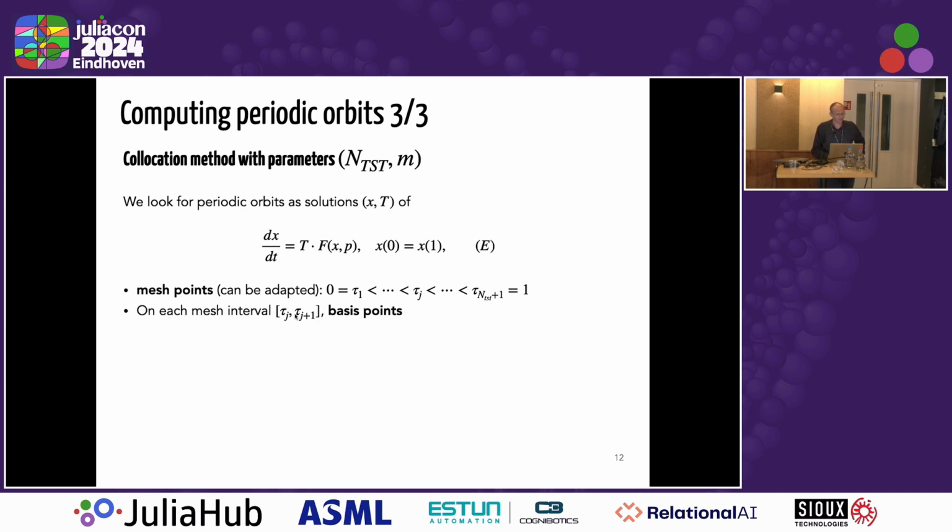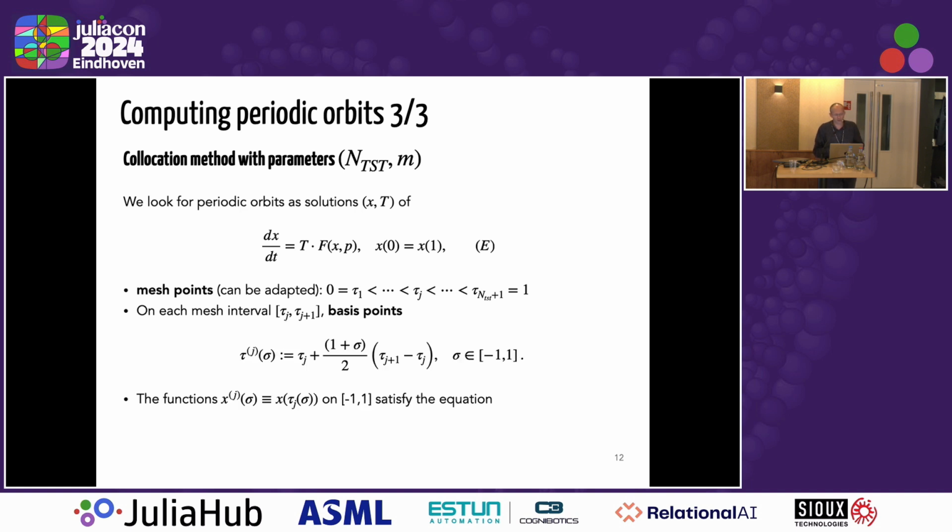And on each small interval, tau_j to tau_{j+1}, we do an affine transform so that we can rescale this time interval to -1 and 1. And then we rescale the problem, the ODE, in this interval.